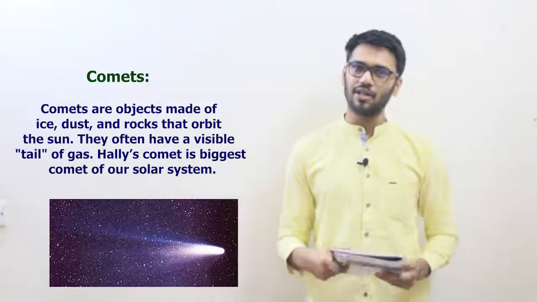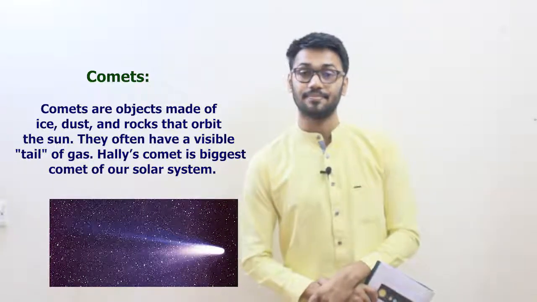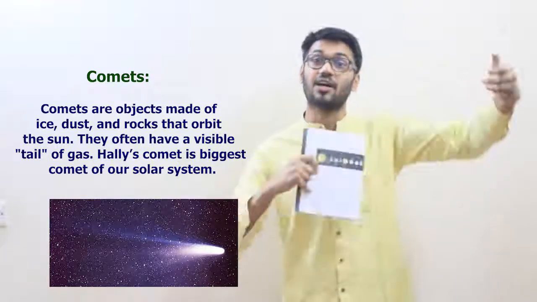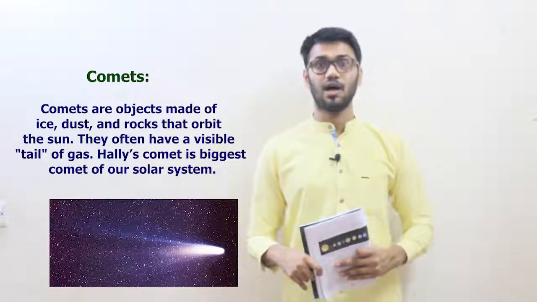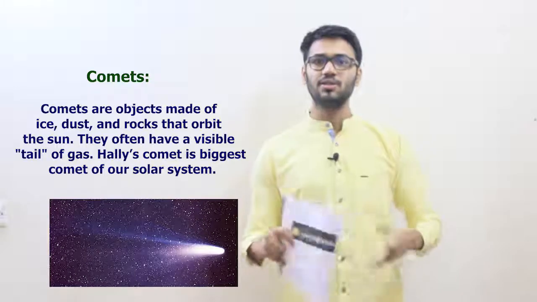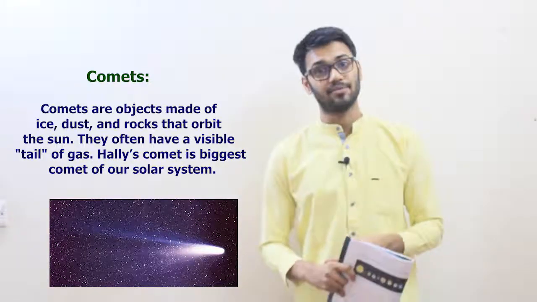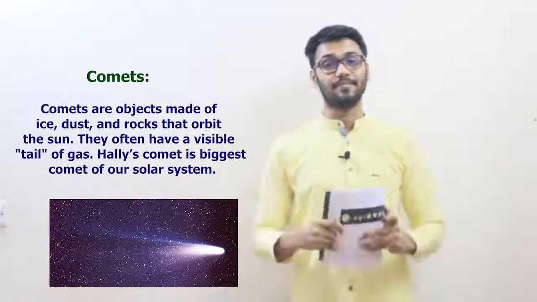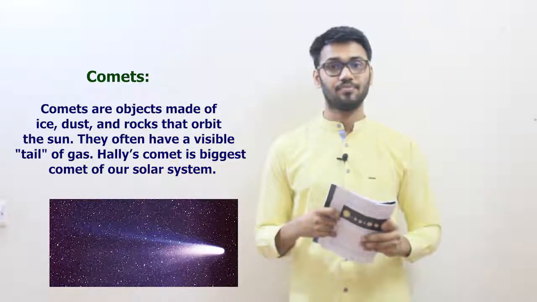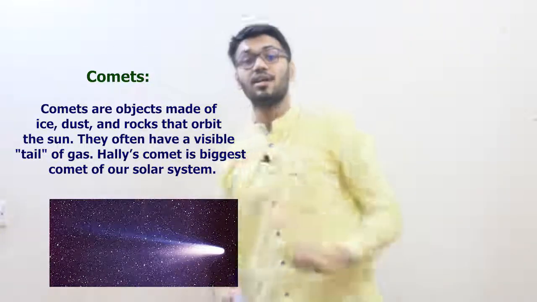That's why you can see the comets when they are close enough to be seen. How? Using a telescope you can see a comet. So the comet keeps moving and we can see its tail. It looks like something is falling from the sky.